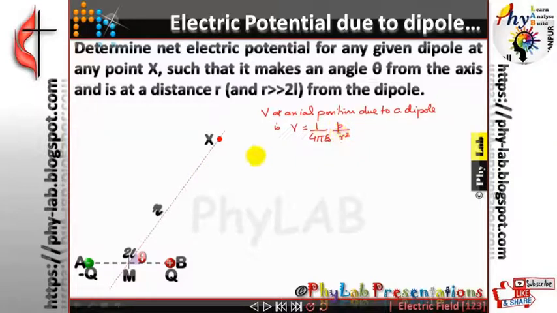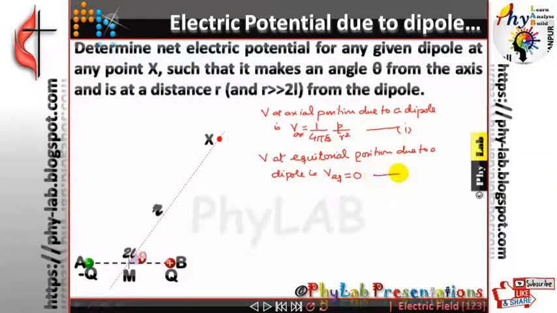And similarly, the potential at the equatorial position due to a dipole, V equatorial, is 0. So friends, these two equations I would like you to remember, and if you haven't seen the derivation, please go and see the same.